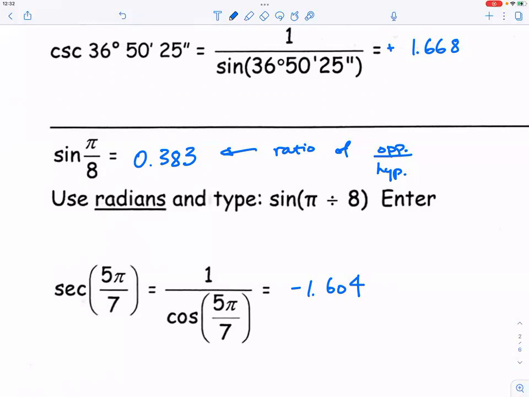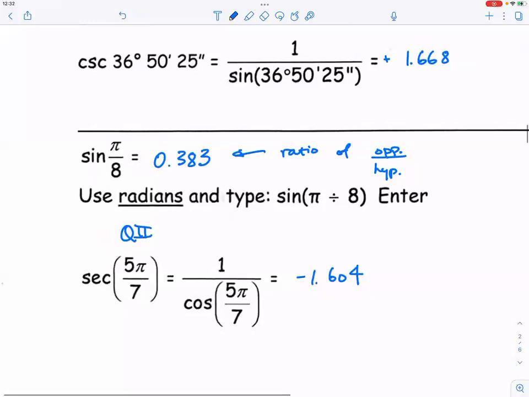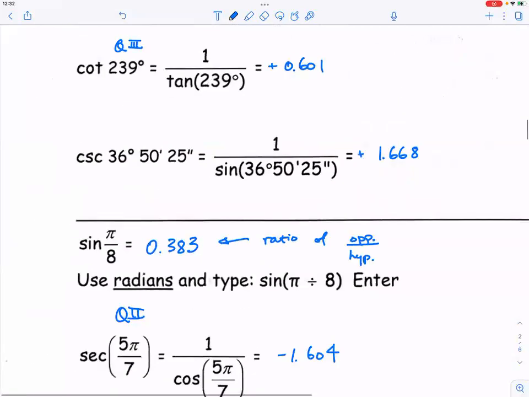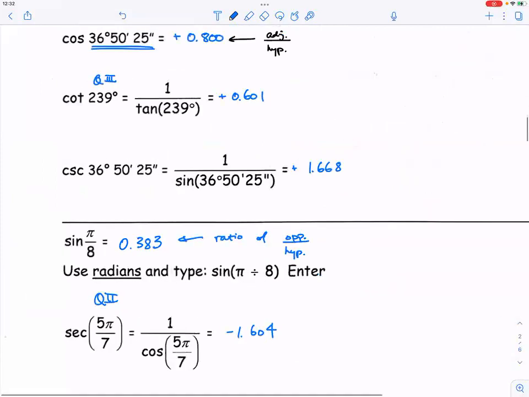Why does it make sense? It's in quadrant 2 and it's cosine, right? So again, you do not just write down whatever numbers the calculator tells you. You have to be very careful. The thing I would like to emphasize here is that you are very careful with the interpretation of these numbers. You can tell whether it's positive or negative.